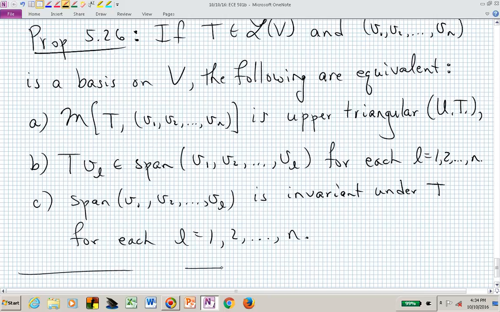And what does it mean if I have invariance of my linear operator? If I have a linear operator that's invariant on this span of vectors, then if I have any vector that's in that span, what happens when I operate on that vector with this linear map T?